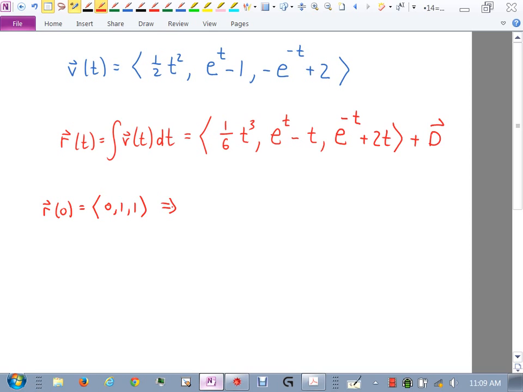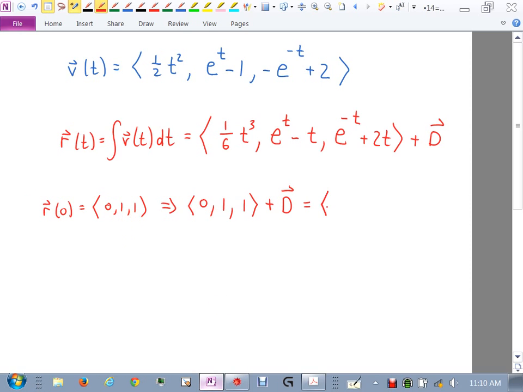Which means that when I plug 0 into this, what do I get? 0, 1, 1 again, right? Okay, 1 again. Plus my D vector, that has to be equal to this right here, right?